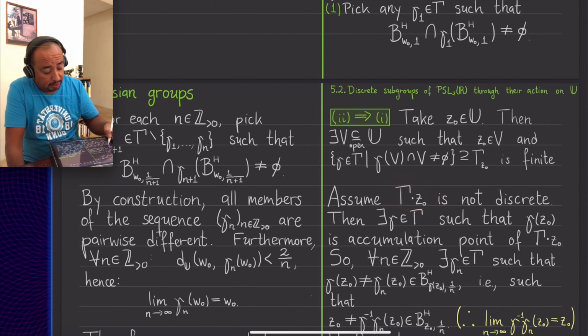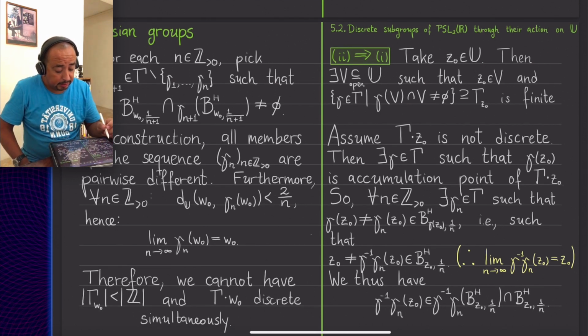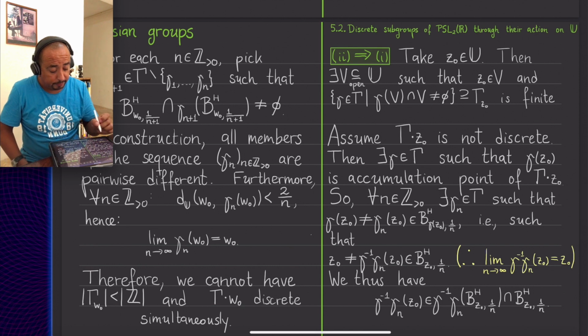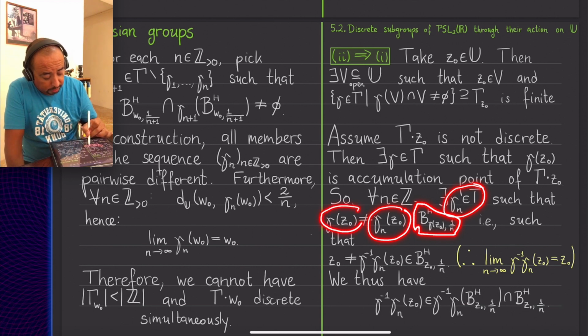So there is some element in the orbit which is an accumulation point of the orbit, right? So there is a non-stationary sequence of points in the orbit that converges to it. So for every positive integer, there is an element in the orbit that is sufficiently close, but is not the point of accumulation.